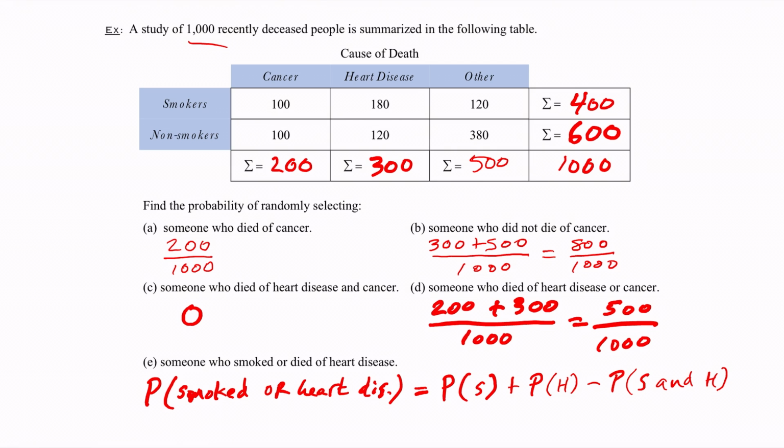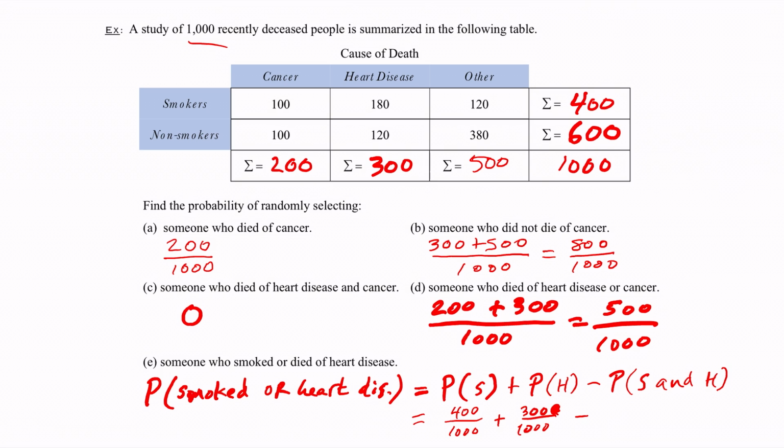So we see the total number of people that were smokers was 400. The total number of people that died of heart disease was 300. Oops, sorry, an extra 0 there. Ignore that extra 0.